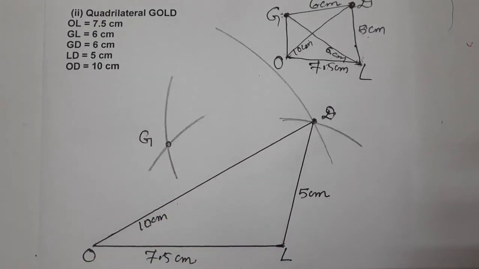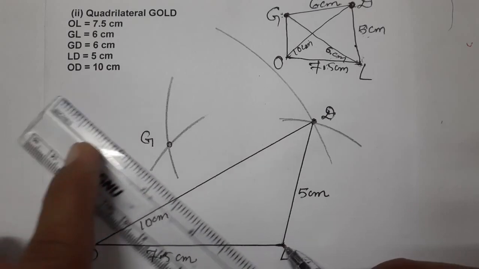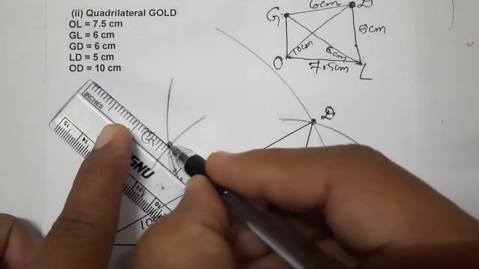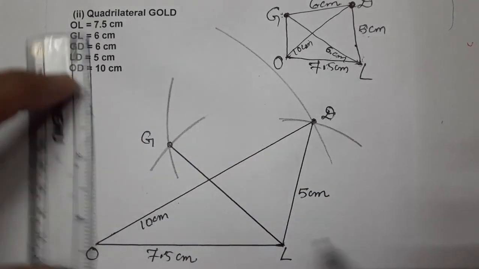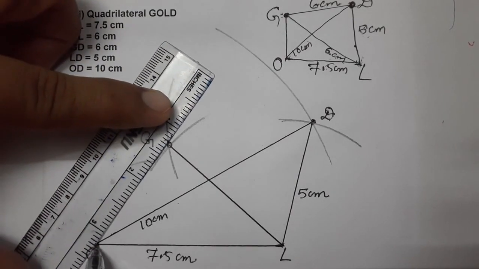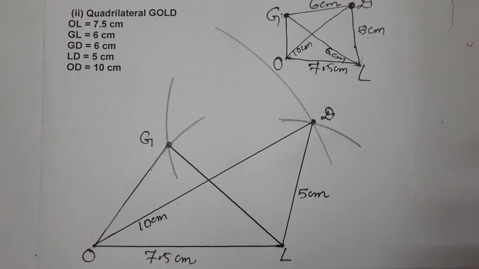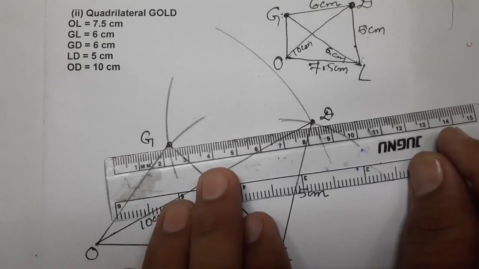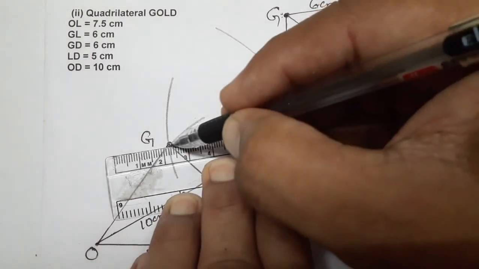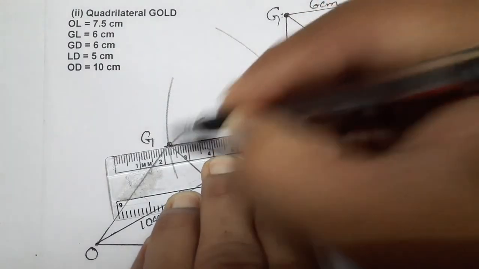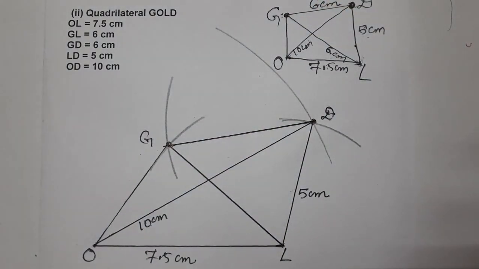So now we only have to join L to G, then O to G, then G to D. So in this way, see, our quadrilateral is constructed.